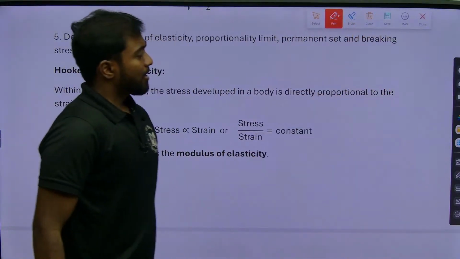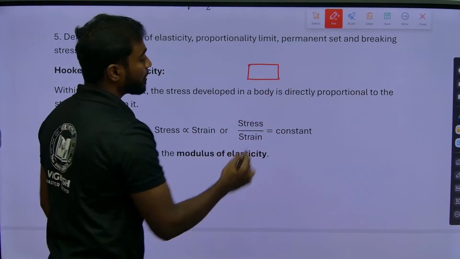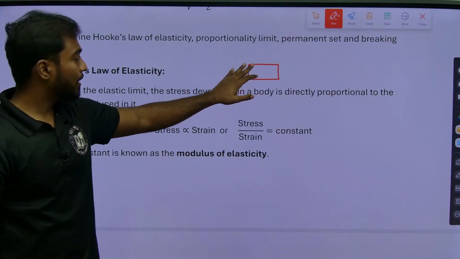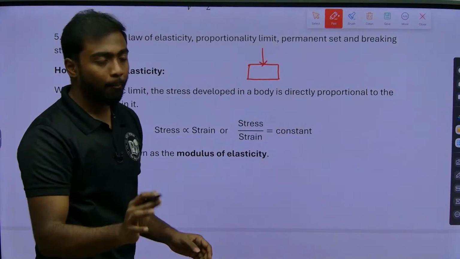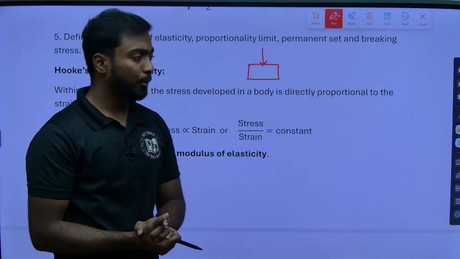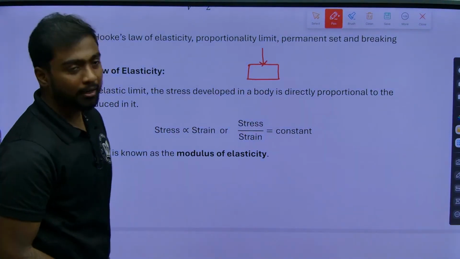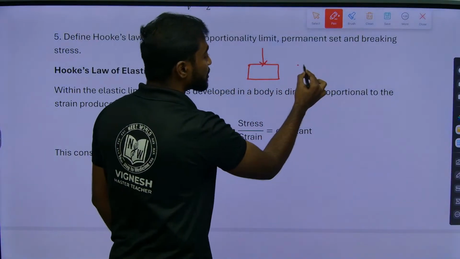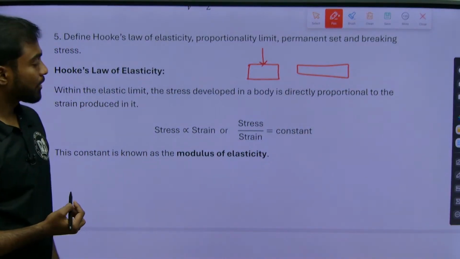So, guys, listen here. When I talk about a body, initially a body will be like this, with no forces acting on it and nothing changed. But when I apply a force on any body, like aluminum, copper, steel, gold, whatever it is, a solid body, the shape will change.